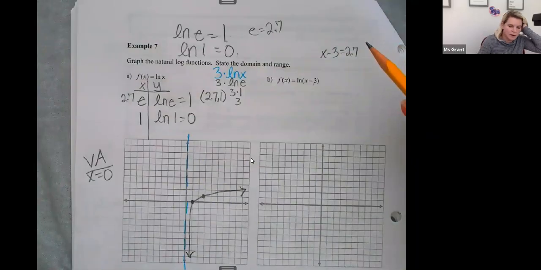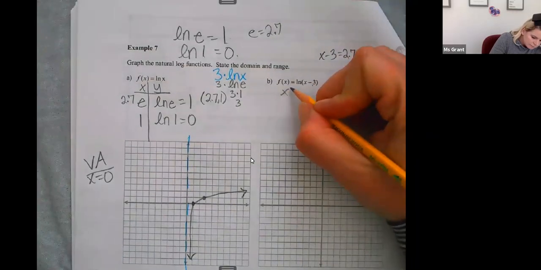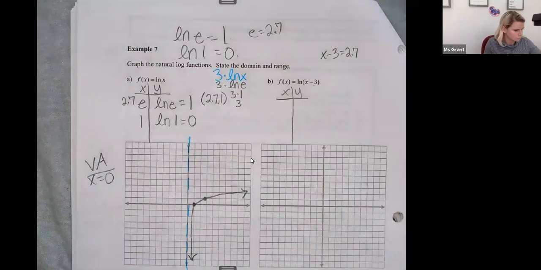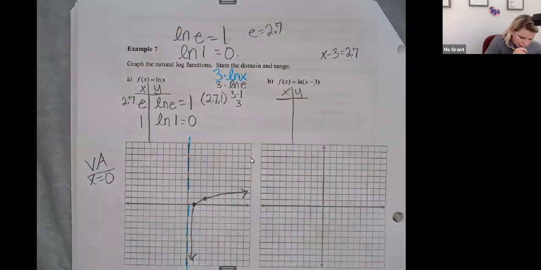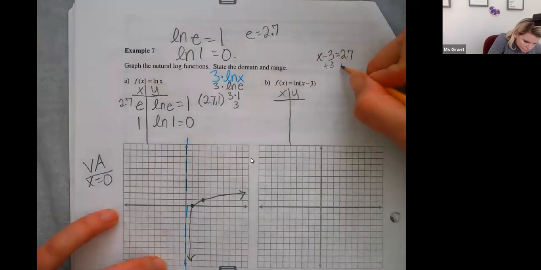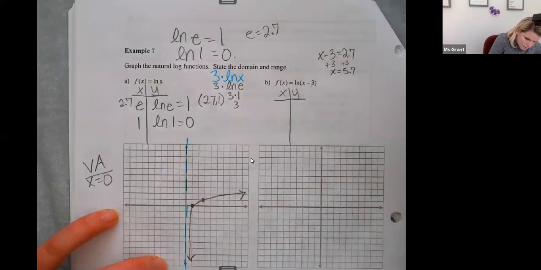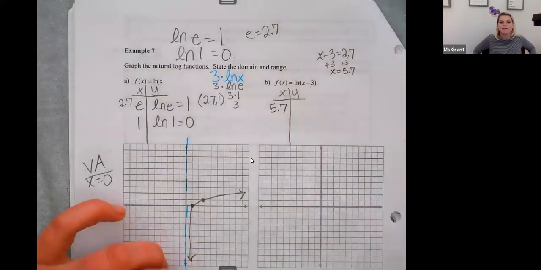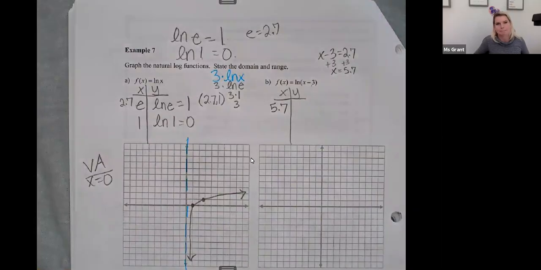And I have to figure out what number I should plug in. So that's going to be add 3 to both sides. X is going to be 5.7. So I'm going to put as my X value 5.7.